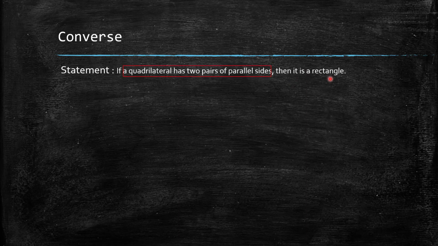Now it has two parts. We can easily identify that if something is happening, then something else is happening, right? If I tally it with my previous P and Q, this part was my previous Q, the quadrilateral has two pairs of parallel sides in my main statement, and this part was P. So when we talk about the converse of a conditional, Q becomes the left hand portion of the implies statement, that right arrow, and P becomes the right hand portion.